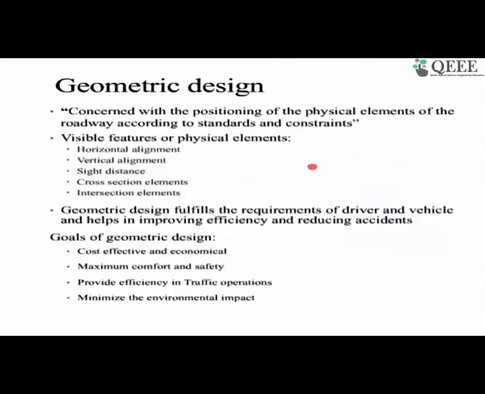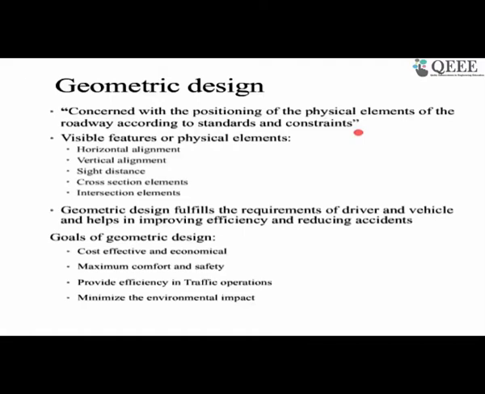If we look into the definition, basically the geometric design is concerned with the positioning of the physical elements of the roadway according to standards and constraints. And what are these physical elements which are visible to the driver or the road user? One is the horizontal alignment.